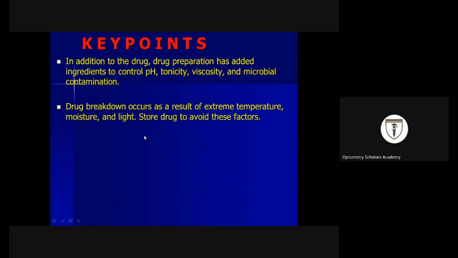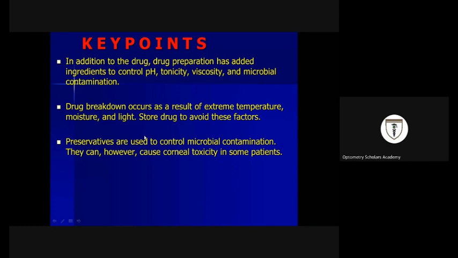So store drugs to avoid these factors in order to avoid degradation. Another point is preservatives are used to control microbial contamination. They can, however, cause corneal toxicity in some patients, especially benzalkonium chloride.